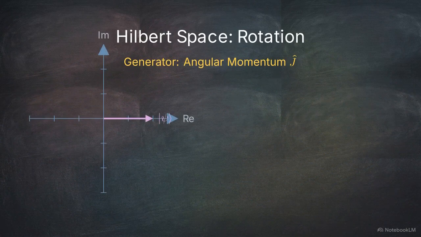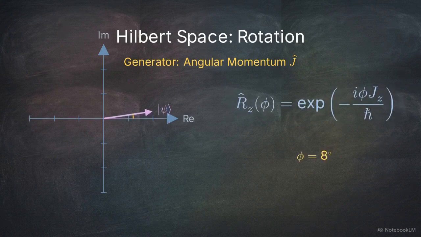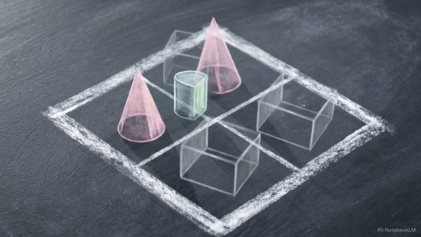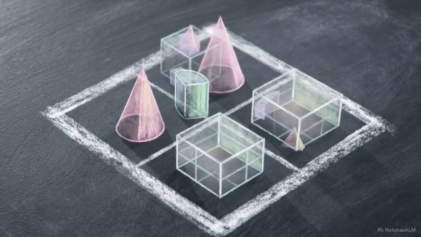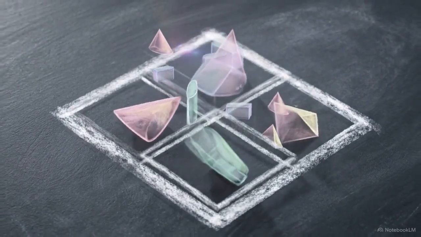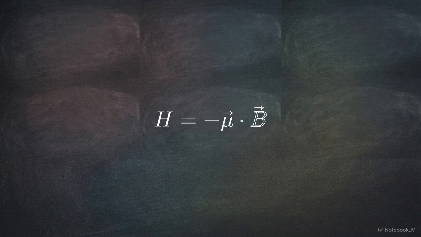This visual represents the rotation operator, an exponential function containing the Jz matrix. Feeding an angle phi into this operator applies a rotation to the quantum state in a complex Hilbert space. The Pauli matrices are the mathematical engine dictating exactly how quantum states transform when an observer rotates their coordinate system in three-dimensional reality.